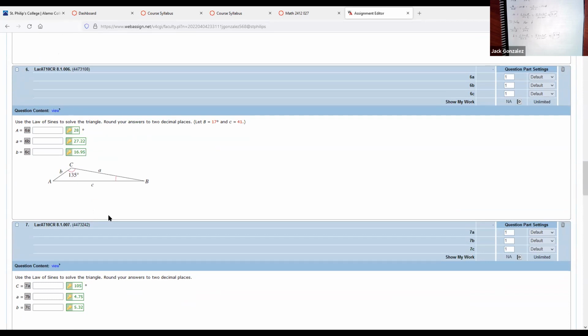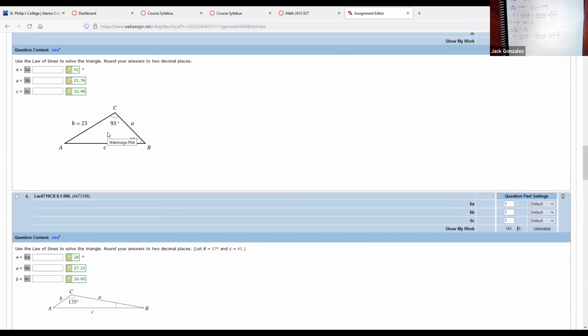Okay. Now, but I need to show you something before we get too deep into this. So when you're doing law of sines, well, I guess we should think about this. If you are given a picture of a triangle on your homework, like for example, they show it to you, right?